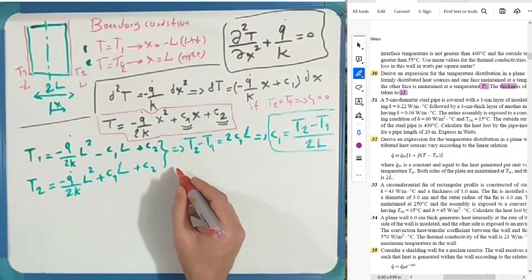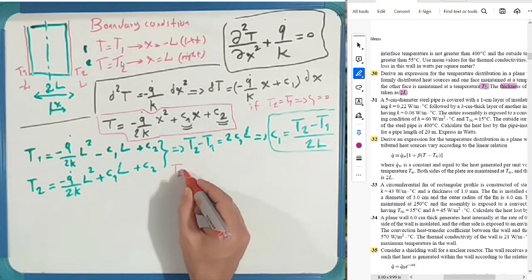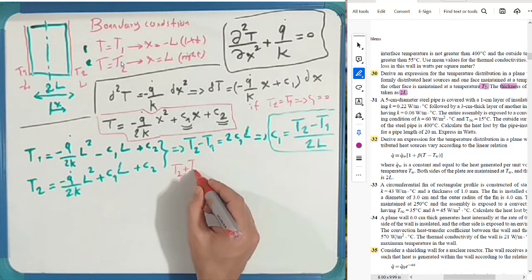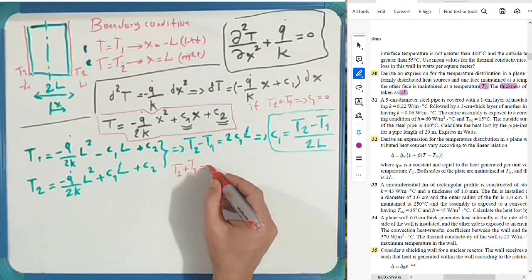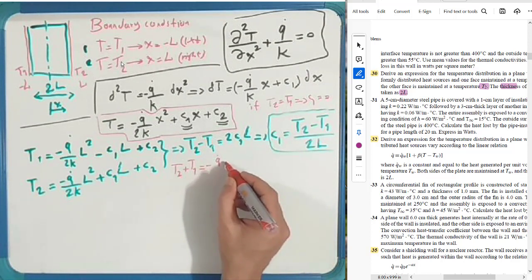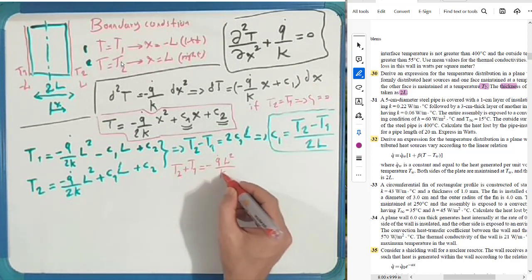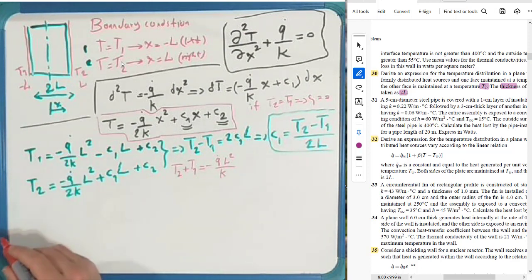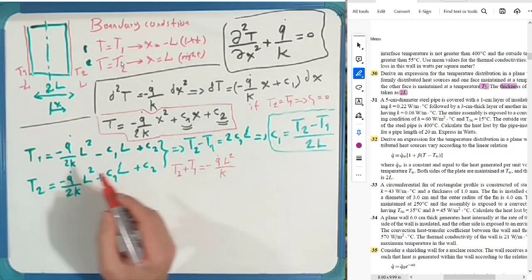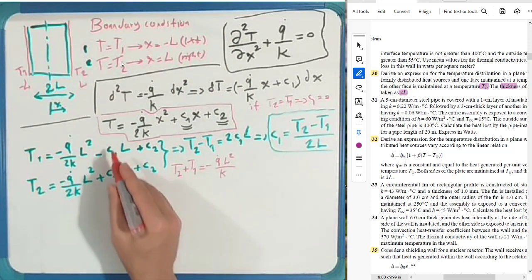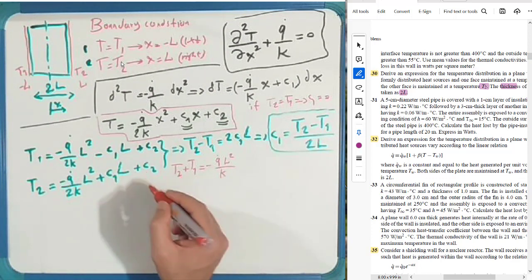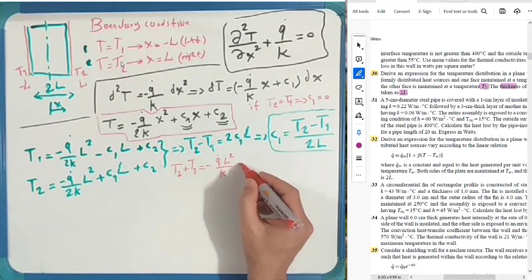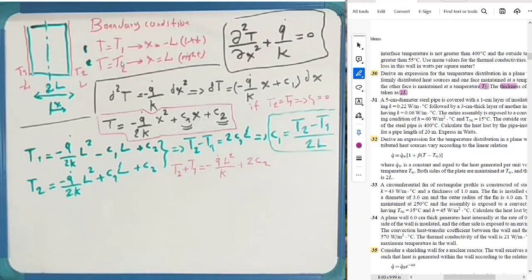For the next, I add T2 plus T1 equals minus Q dot L squared over K, because I have two of these terms with the same sign. The C1 terms eliminate each other, and I have plus 2C2.